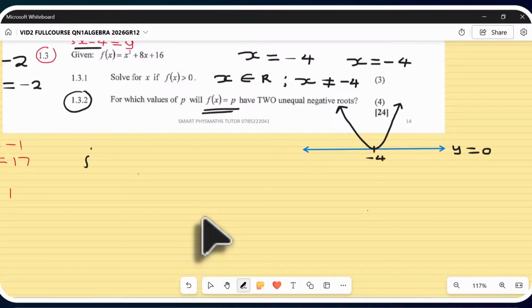So here, it means what? My b is 8, so b is 8 here. I'm going to say 8 squared, minus 4 times 16.